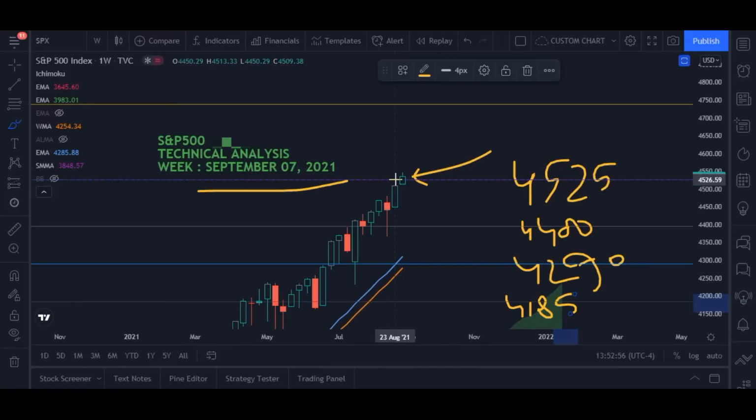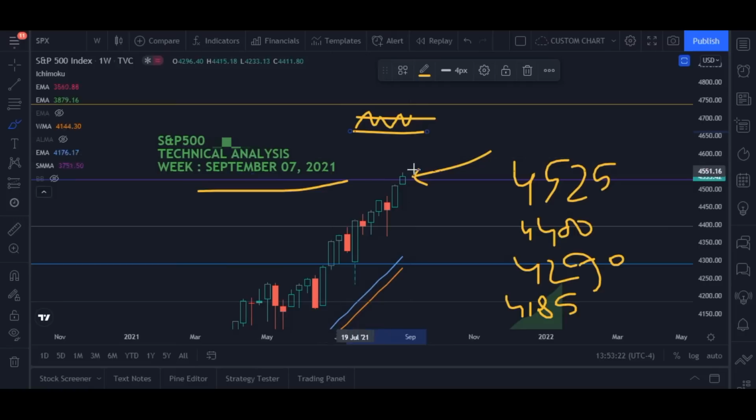And one more thing again, support and resistances are not just one price. So if I say that the resistance is 4525, it does not mean that the resistance is exactly 4525. It means that there is a zone. Support and resistances are always zones. It means the market may touch the lower or the higher ends of these zones.